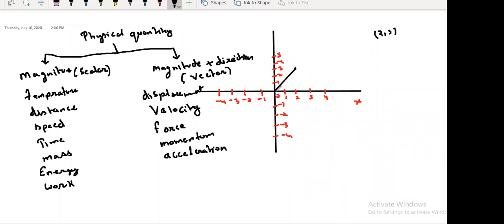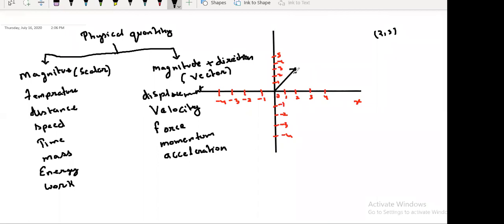The starting point is origin and the end point is this point (2, 3). It is represented by an arrow whose tail represents the starting point, and whose head represents the final point. Got it?